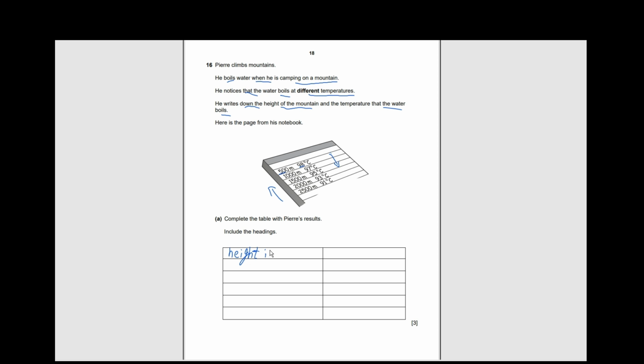You can write distance as well. Height in meters.